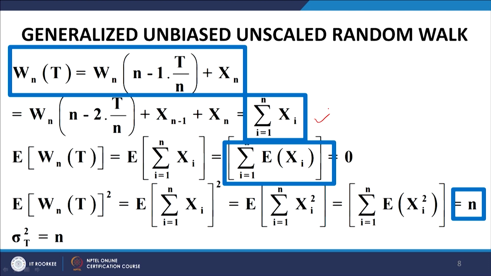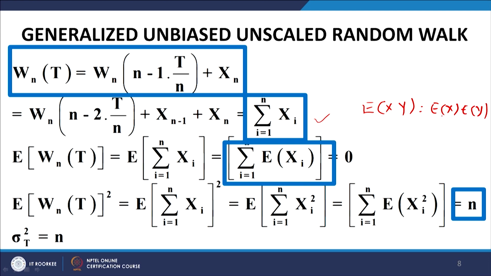Similarly, when we work out the expectation of W_n(T) squared, slightly more care is required, but we again note that the cross terms would vanish, because of the relation that I mentioned in the previous slide, E[xy] is equal to E[x]E[y], and each of these two is 0.